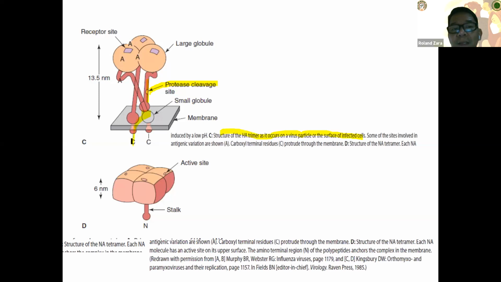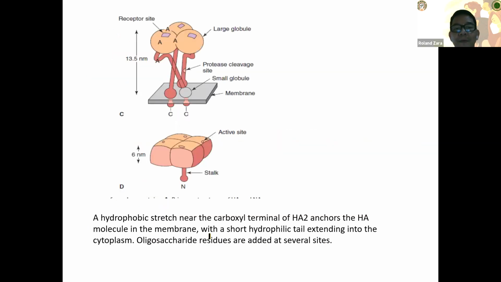As we showed earlier, your letter D here is the structure of your neuraminidase. It has a stalk, and at the top are the tetrameric boxes with the active site. This may extend into the cytoplasm.